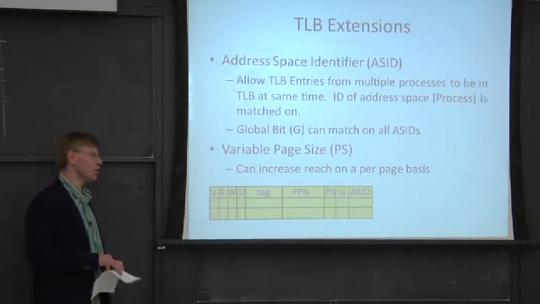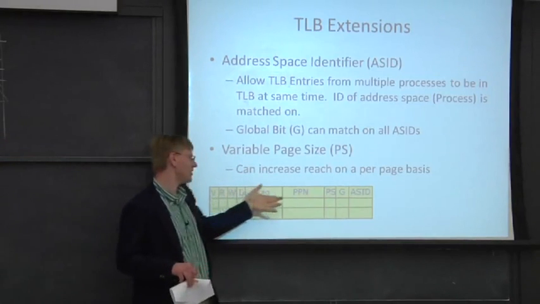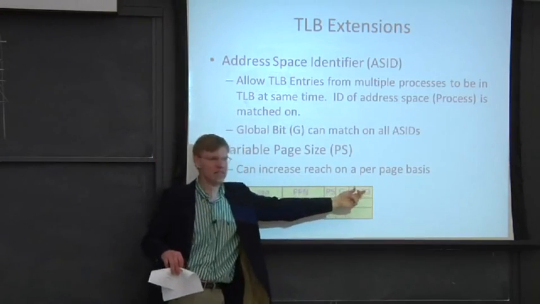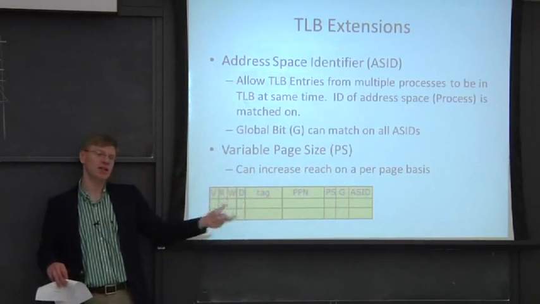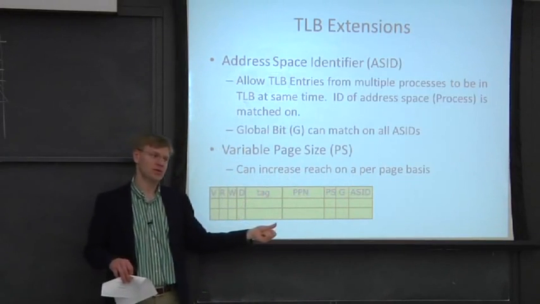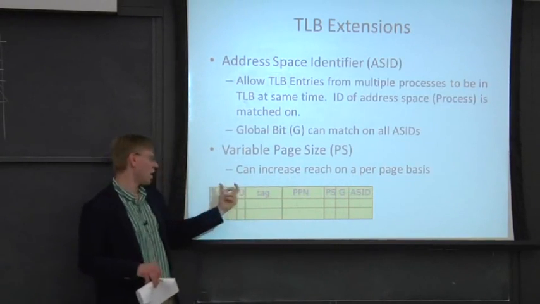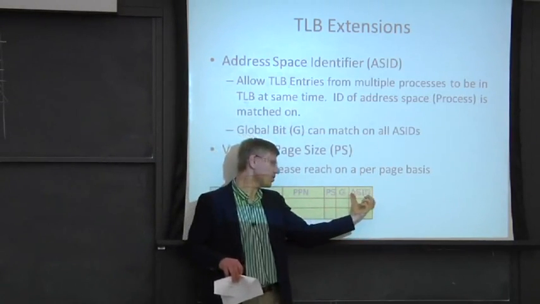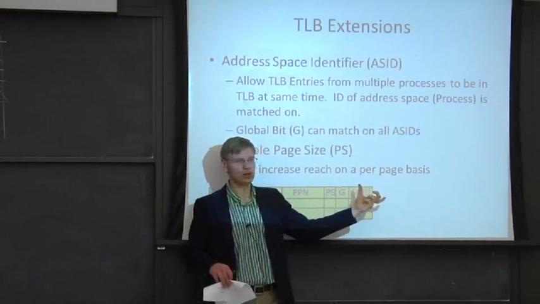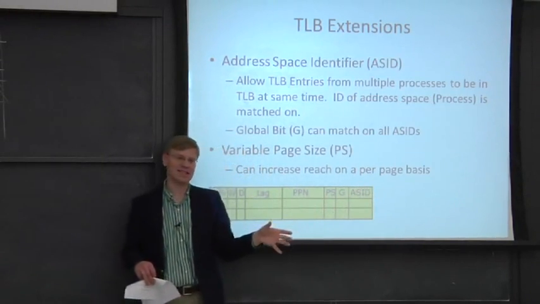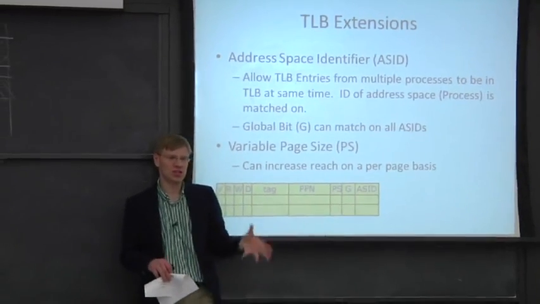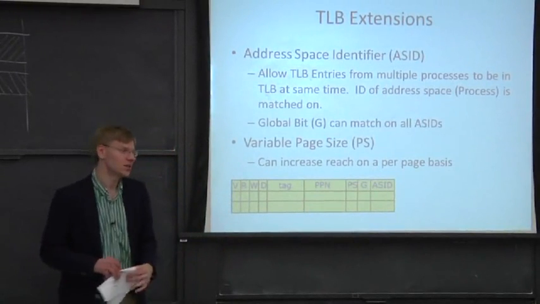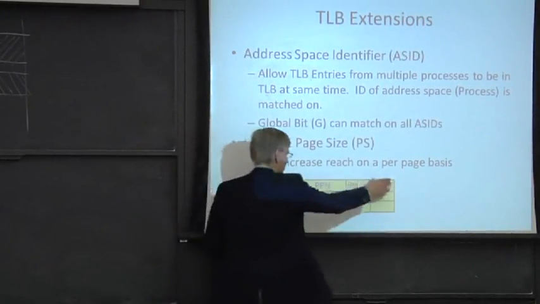Now we can commingle different processes' TLB entries. The address space identifier takes part in the associative lookup in the TLB. Our match operation checks the tag, and it checks that our address space identifier is equal to a special register on the side, which holds the address space ID for the currently running process. So we're actually going to check this and that.